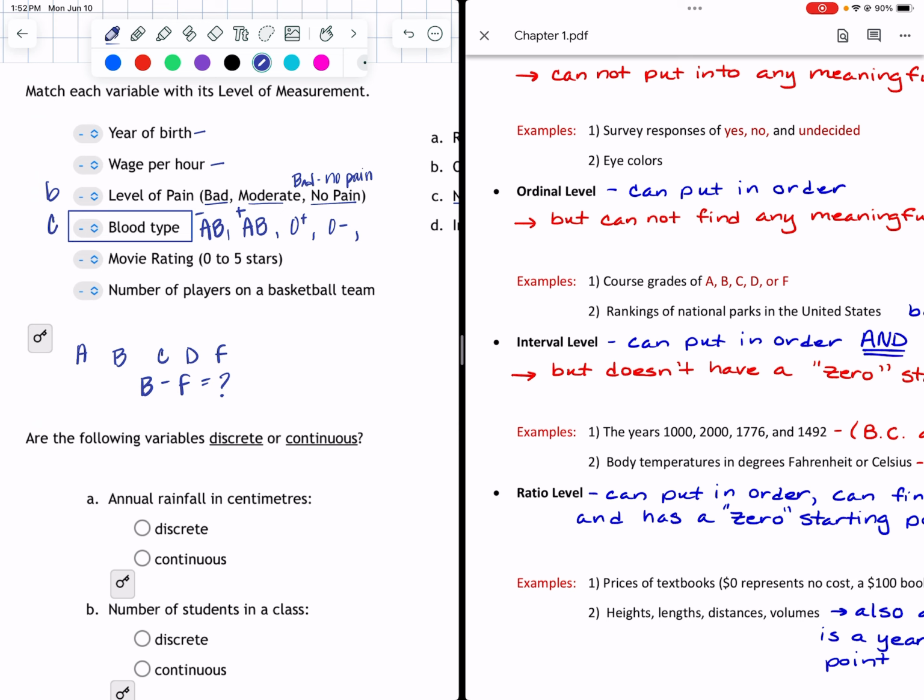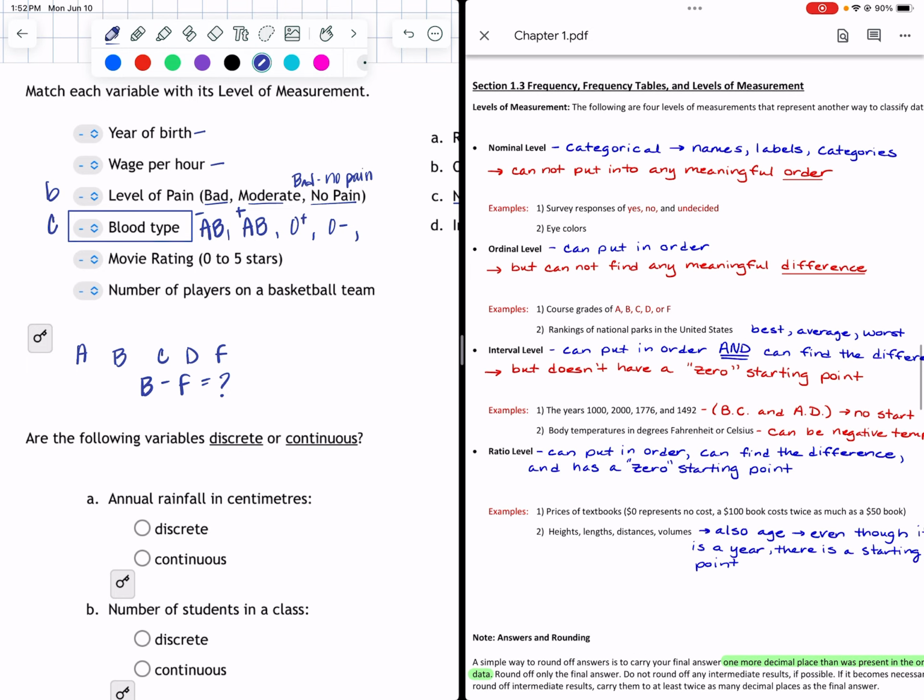We already classified blood type. Let's go look at movie rating. A movie rating can go from 0 to 5 stars. So if I have a whole bunch of movies, actually we could even do it with one movie. If I rate it 0 stars, and then someone rates it 1 star, and then 2 stars, and then 3 stars, and 4 stars, those matter.